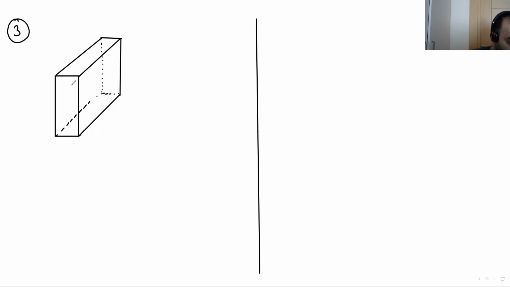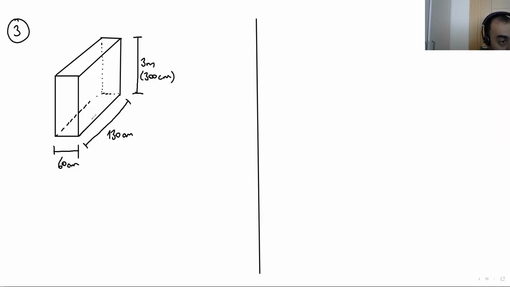Dimensions of the wall: here 60 centimeters, here 130 centimeters. The height of the wall is 3 meters, or 300 centimeters, whatever.